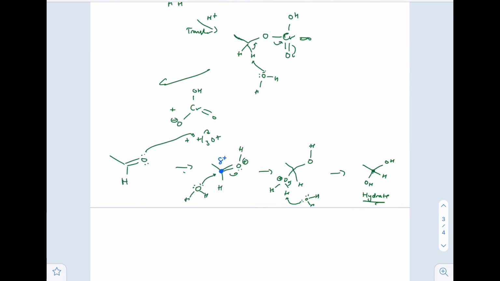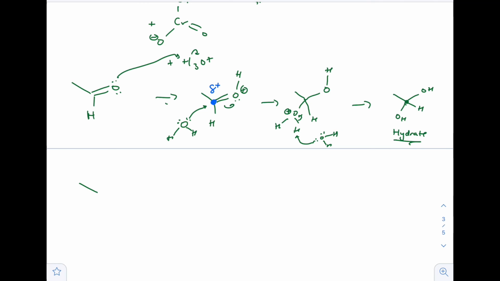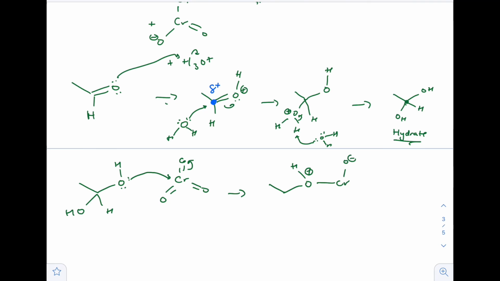And so this is a reactive intermediate, not super stable, but let's go ahead and draw it down here to move on with our mechanism. So if we just ignore the additional OH on there, it looks like an alcohol with a proton, right? So what do we want to do? We want to start to oxidize that alcohol. So we attack the chromium, and then we end up with our charged intermediate, right?